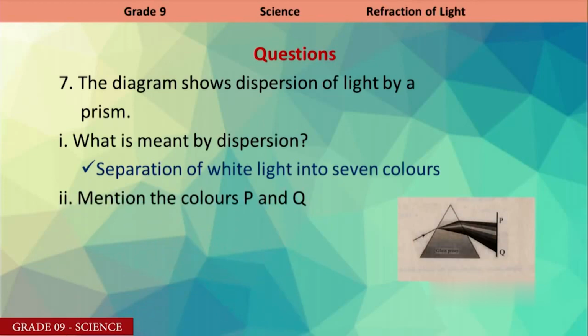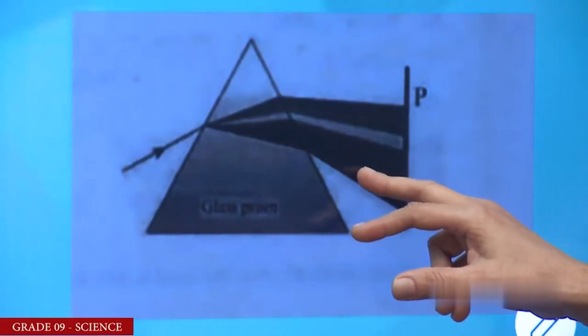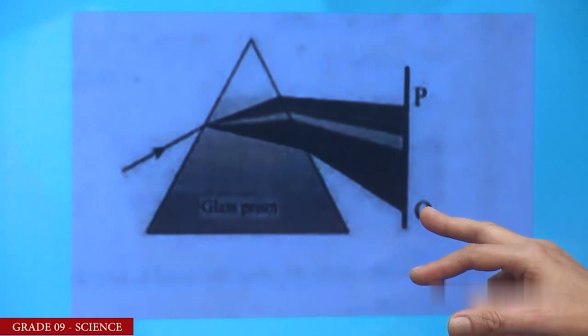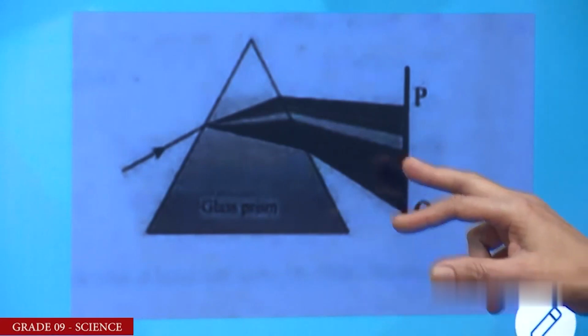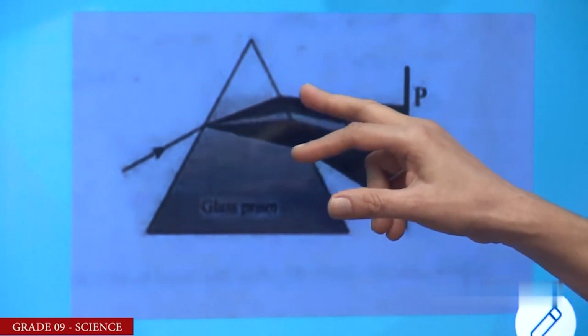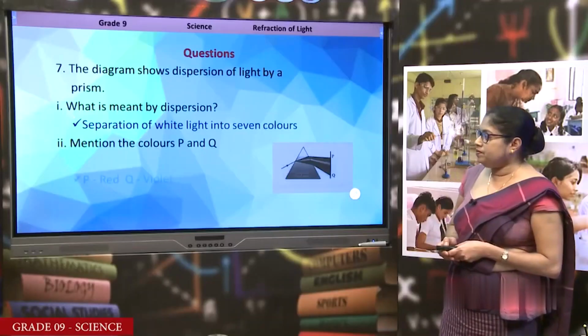And you are asked to name the colors P and Q. As I told you earlier, this is the color Q. What is Q? Q is violet and P is red. Red is refracted less and violet is refracted more.